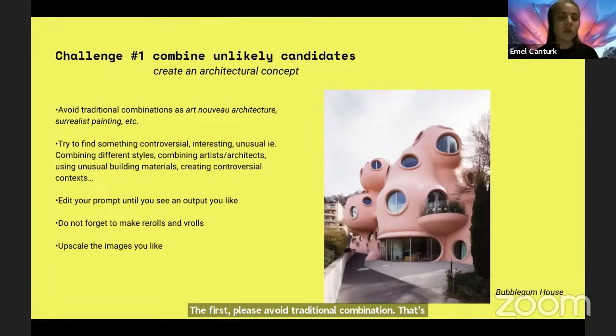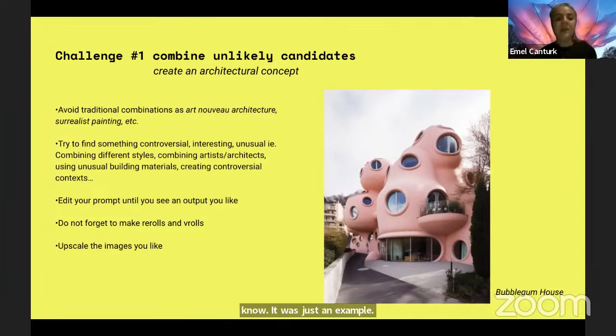So don't go with traditional combinations, and try to find something controversial, interesting, unusual. You can combine different styles, combine some artists and architects with different styles. You can try to use unusual building materials or create a controversial context, like, for example, an ice building in Sahara. I don't know. It was just an example.